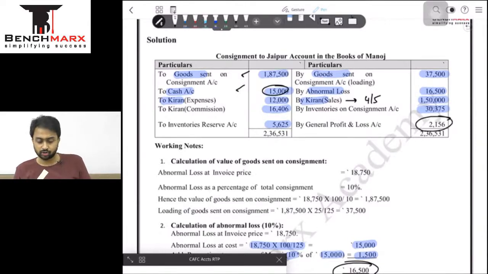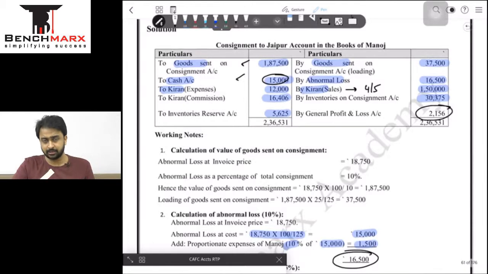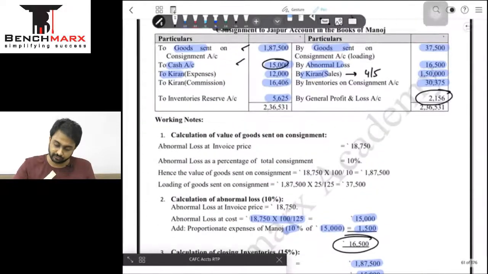In this case it's a loss. This is going to be transferred to the debit side of our P&L in the books of accounts as loss on consignment. GP will come on the credit side, all the expenses of business will come on the debit side, and this 2,156 loss will also be a part of the debit side in the books of accounts of the business.